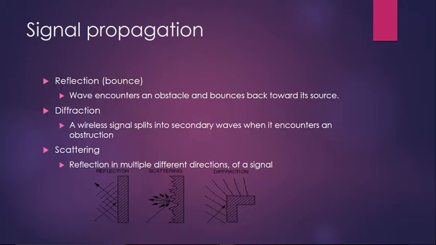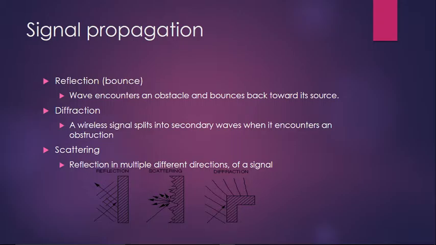Next thing, signal propagation. I learned what reflection, diffraction, and scattering were when it comes to Wi-Fi signals. Reflection is when the wave encounters an obstacle and bounces back towards its source, kind of like a reflection in a mirror. It bounces off that object and then just reflects back.